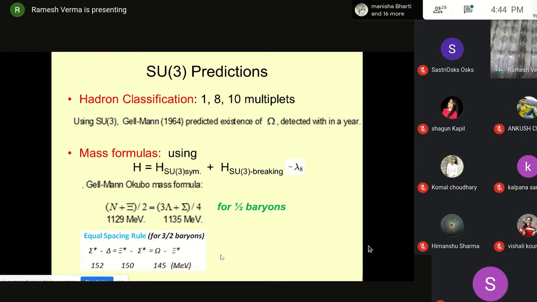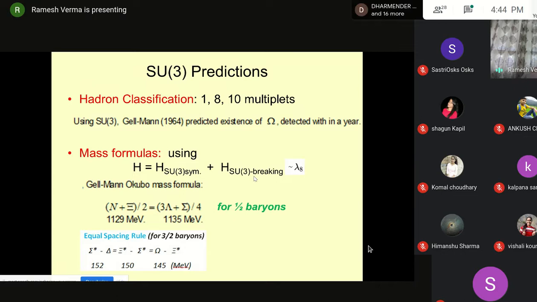One, which gives the major contribution to the particle masses, obeys SU(3) symmetry, which I have just put here. It's like a constant term for all the particles. But then there is also a term, though it is also strong interaction, that is an SU(3) breaking term.